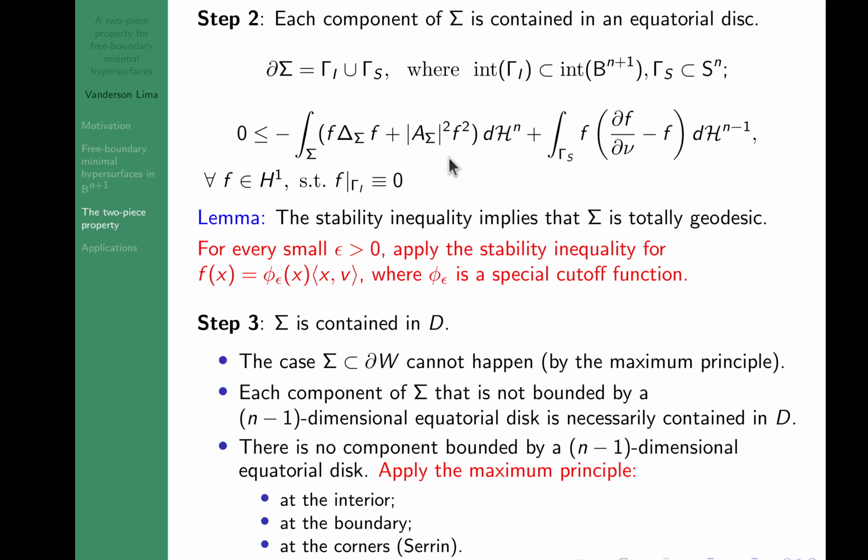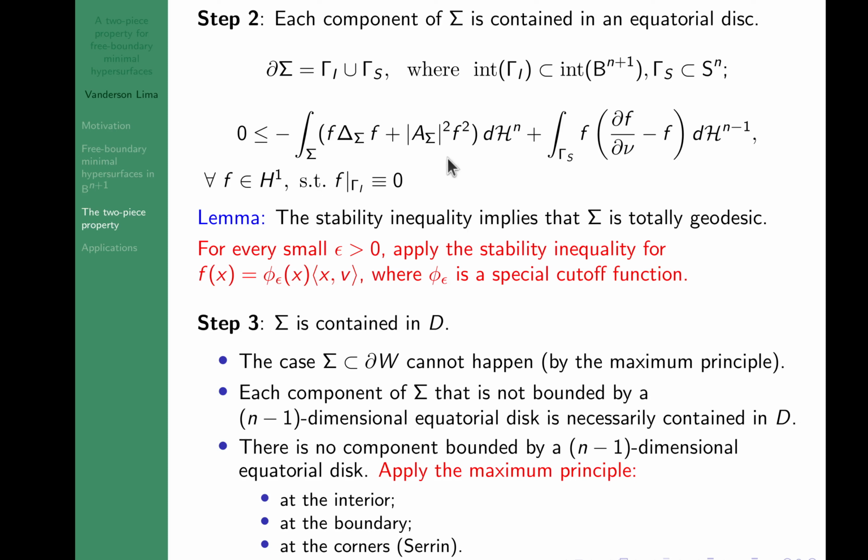And the idea is that, suppose this is true, I can consider rotations of this equatorial disk, and I want to see a first point of contact to obtain a contradiction.